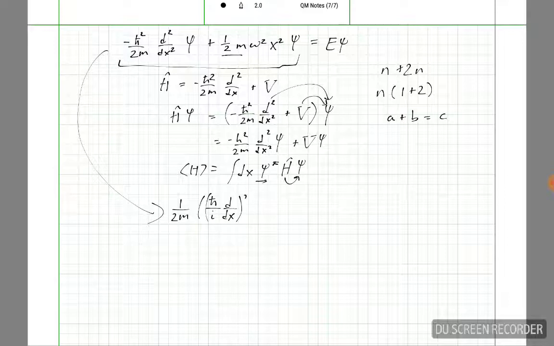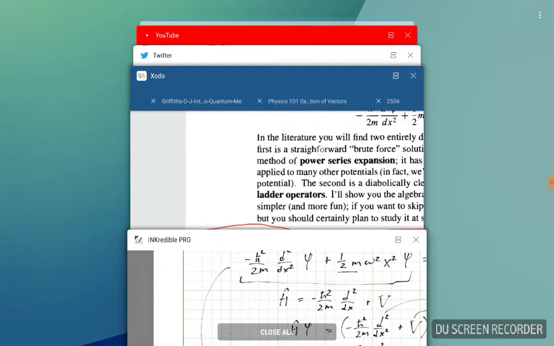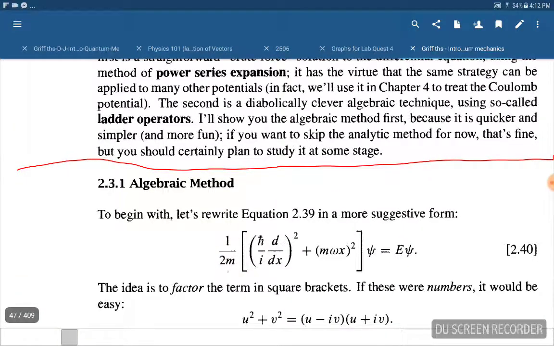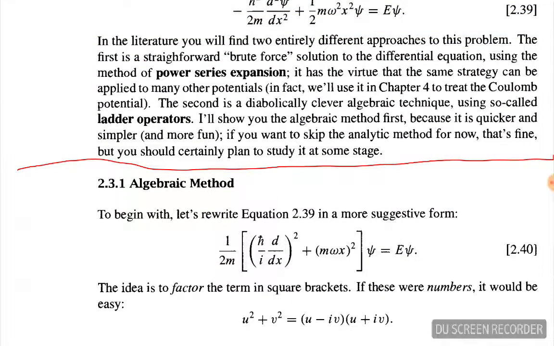So I can take those guys squared, and then I have an omega and an x, and both of those are squared as well. And then that's times psi, and then times E of psi. So we're just rewriting this guy in a way that's, as he says, more suggestive.